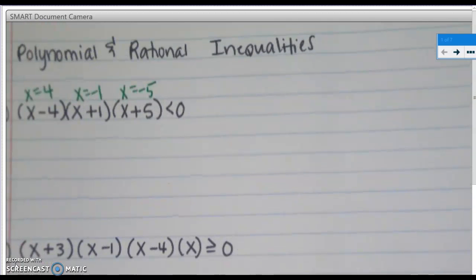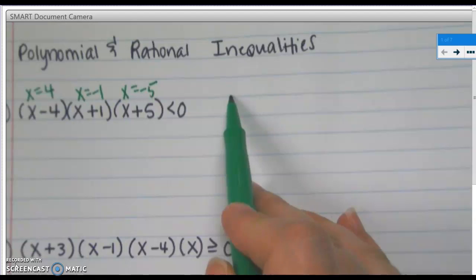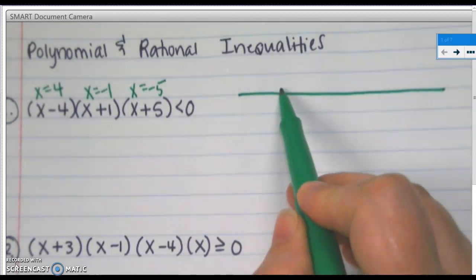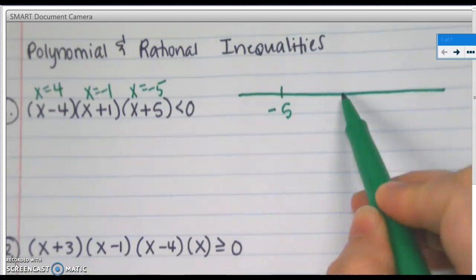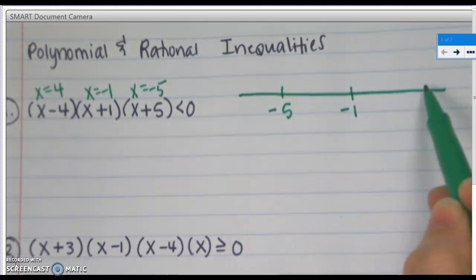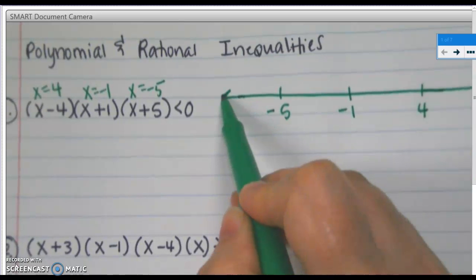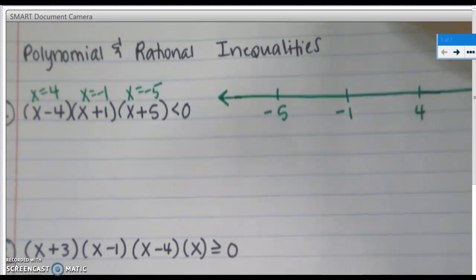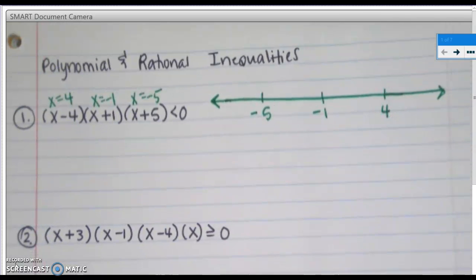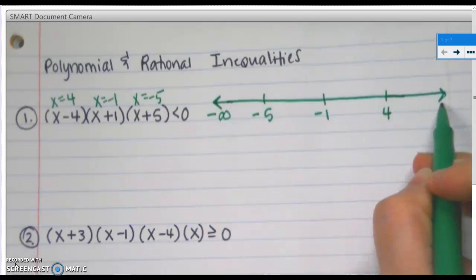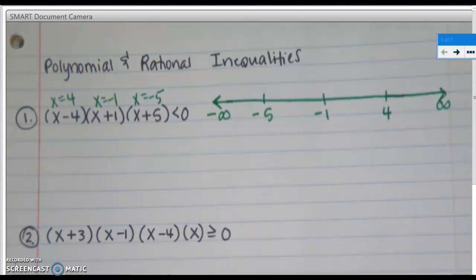So the next thing that we want to do is get those on a number line. So just make sure you go from left to right. All right, and I think it's a good idea to go ahead and label negative infinity and positive infinity on your number line because we will probably use those for some of our answers.